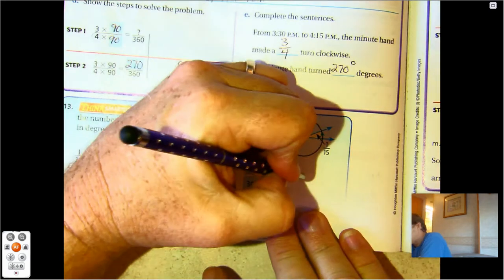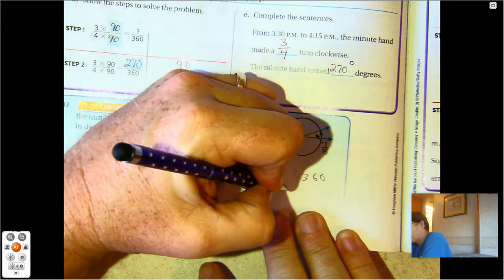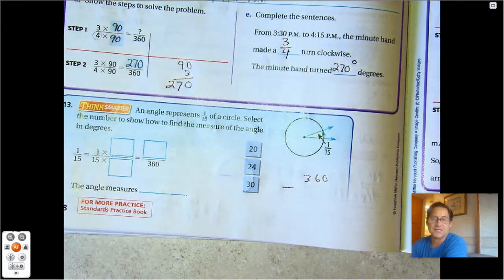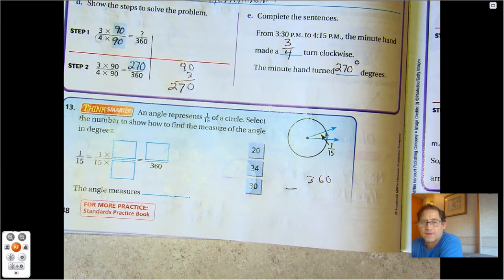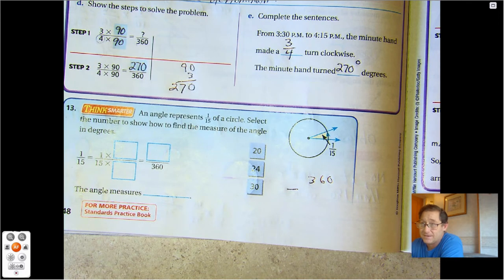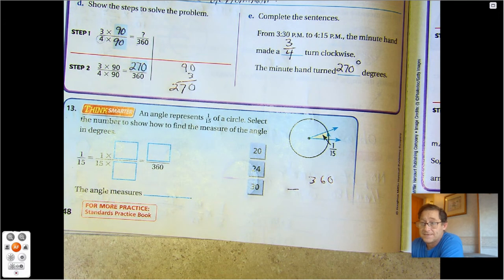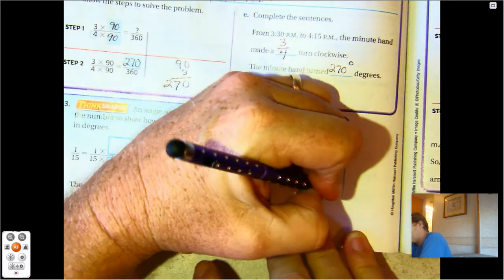Well, let's do repeated subtraction. But let's not subtract 15 at a time. Let's do multiples of 10. 10 times 15 would be 150, right? So if I double 150, that would be 300. So let's subtract 300, which would be 20 times 15.